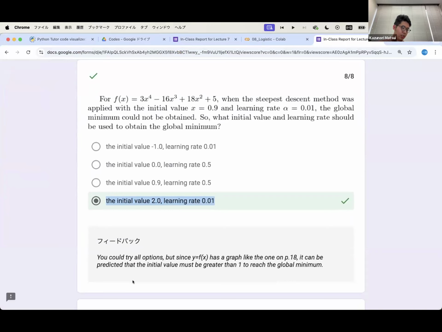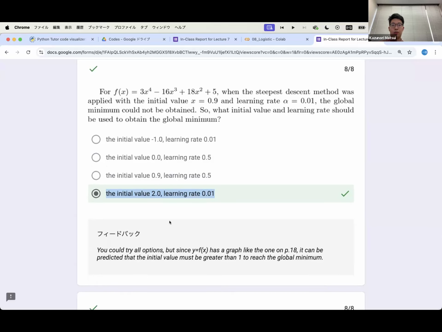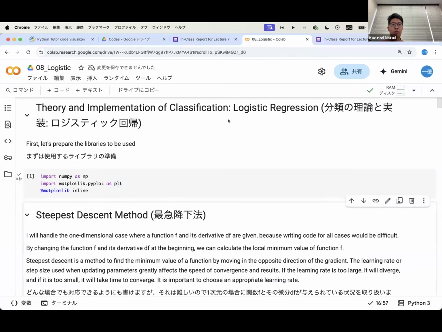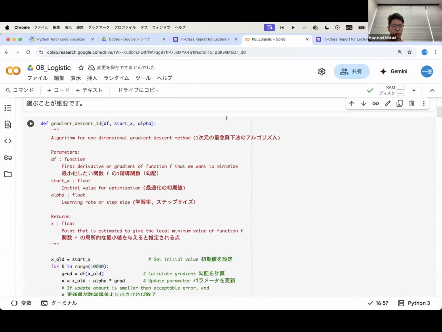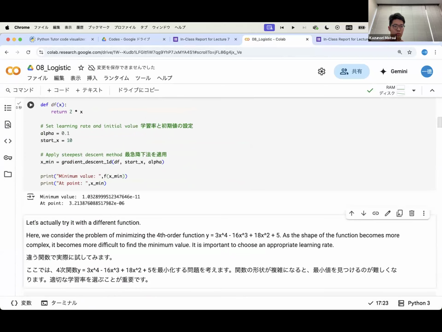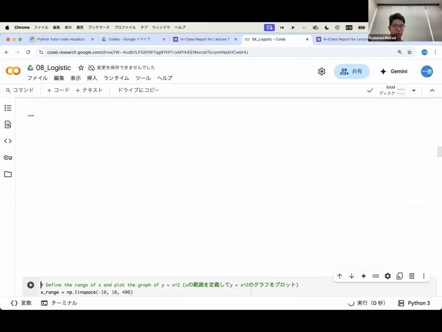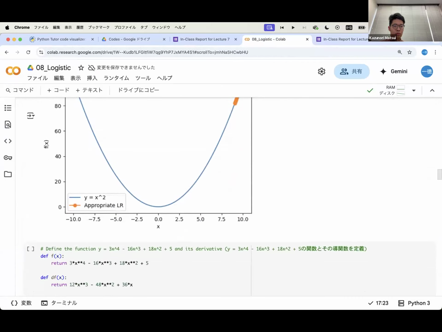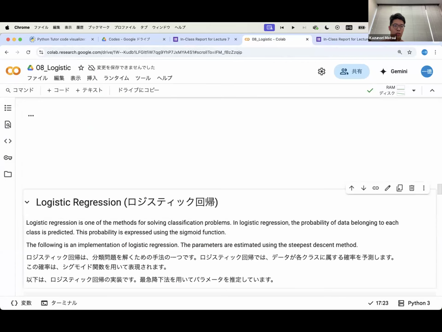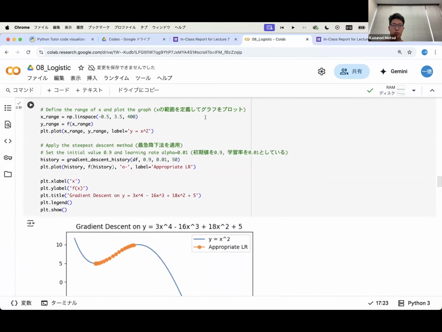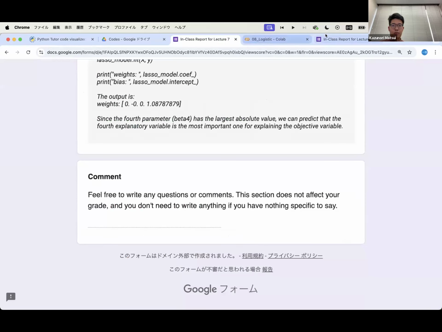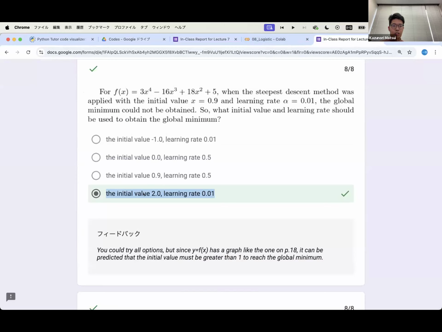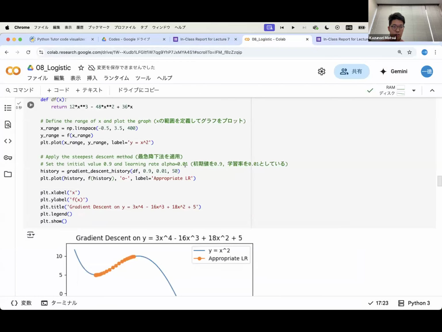When we actually execute it, we get a result like this. So, okay, we try. Yes, here. So let's start. The initial value is 2 and the learning rate is 0.01.